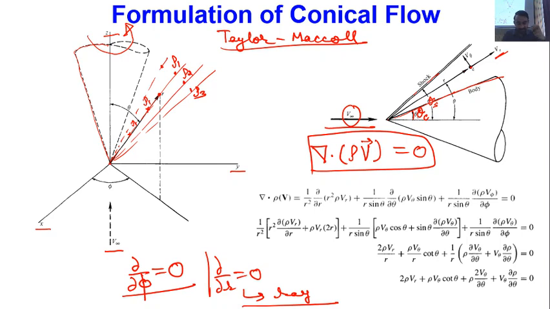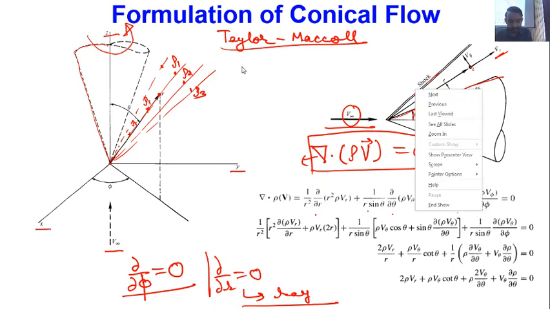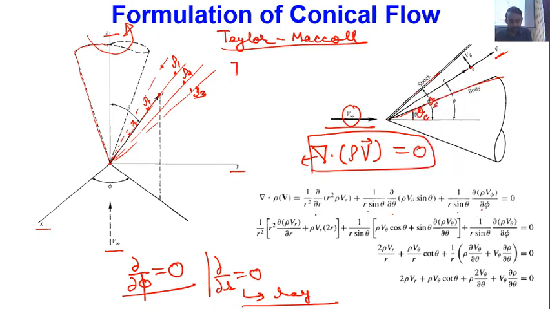So obviously in spherical coordinate system, the del operator is different from del by del x and del by del y. So you can see the del operator will be 1 by r square del by del r, 1 by r sin theta del by del theta, 1 by r sin theta into del by del phi. So this will be your del operator in spherical coordinate system.